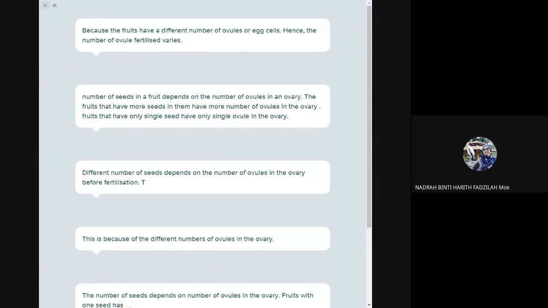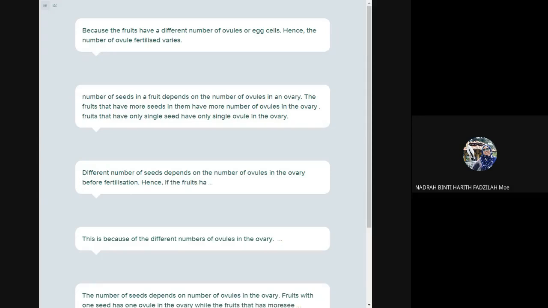Okay, itu boleh dapat point 1. Okay, dah dapat satu markah kat situ. So if the fruit have more seed, that means that particular fruit have more atau large number of ovules in the ovary.